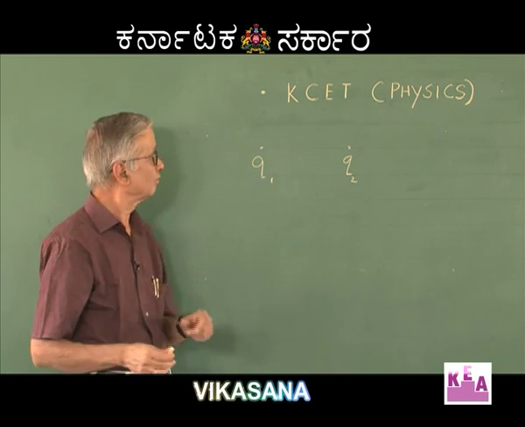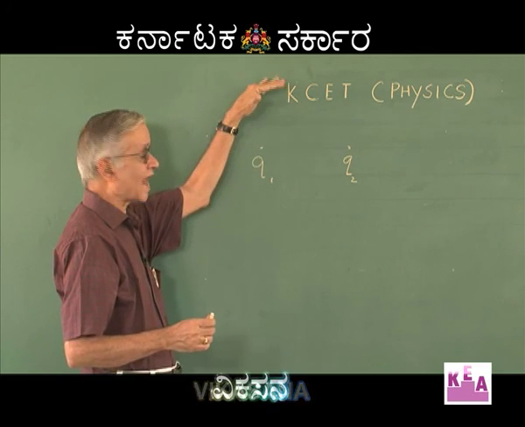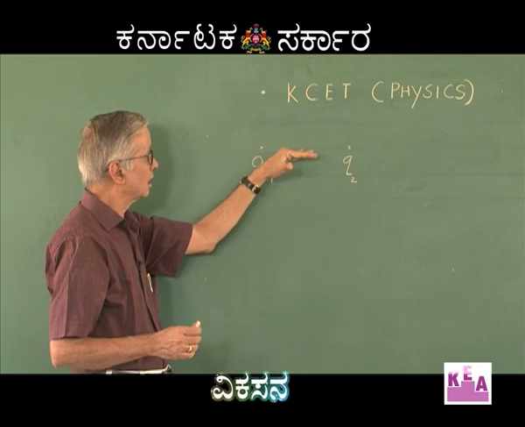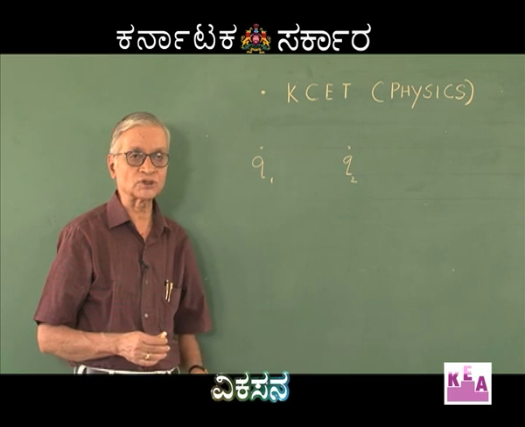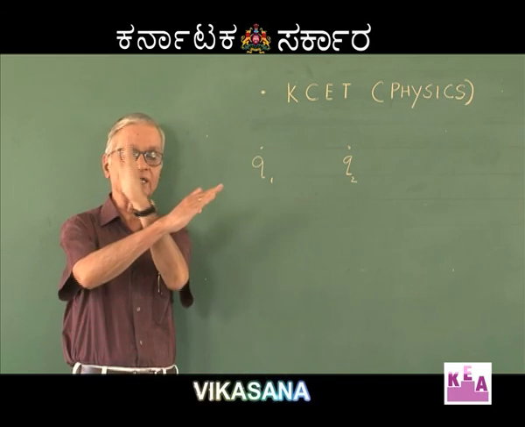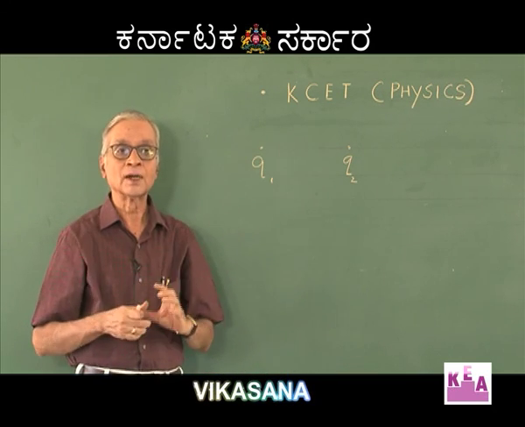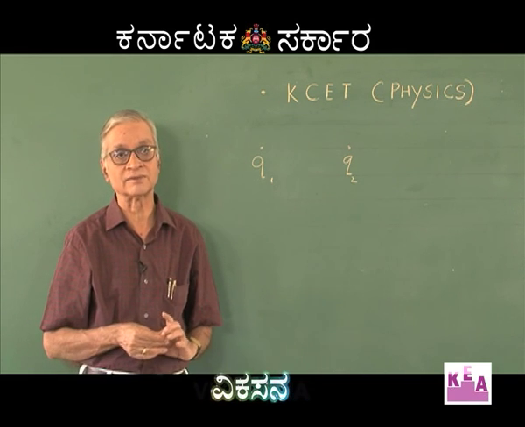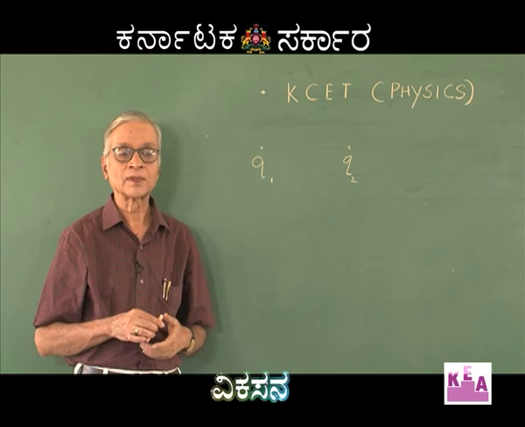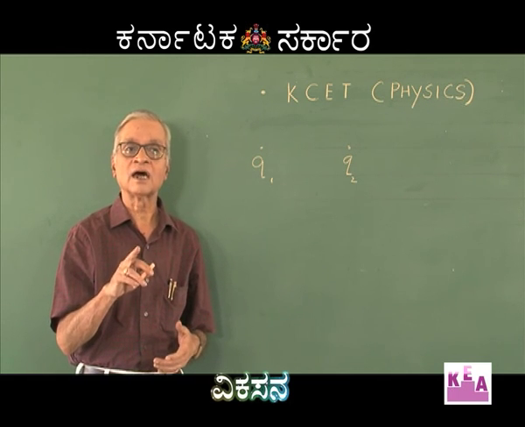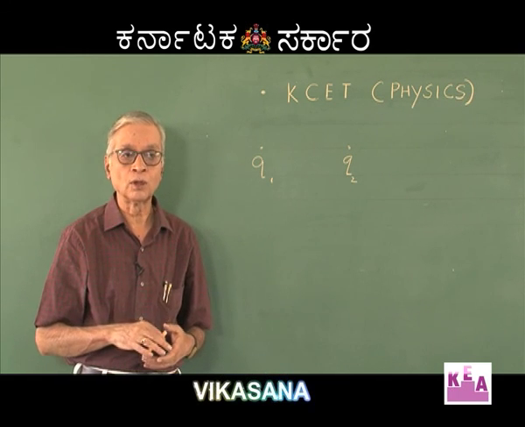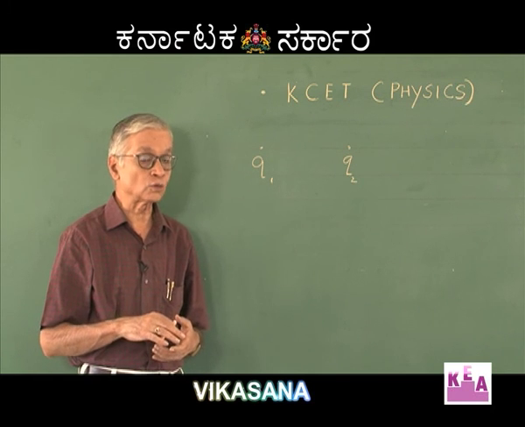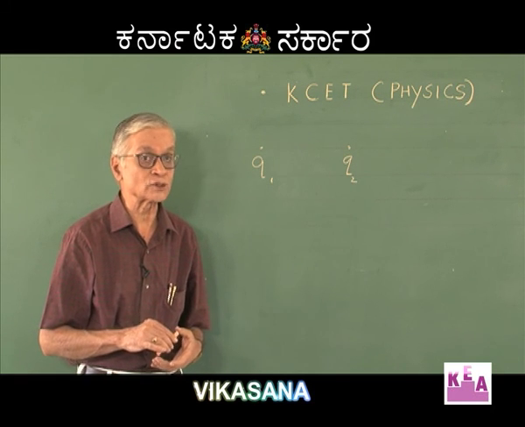Remember one thing, above the line joining the two charges and below the line joining the two charges, the two intensity vectors will be inclined at an angle other than 180 degrees. You know that resultant vector of two vectors will be 0 only when the two vectors are equal and opposite.